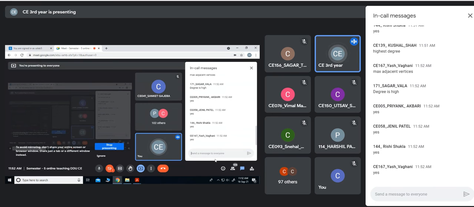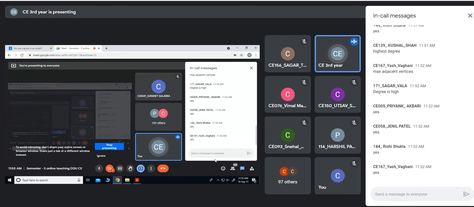Then what should we do, Sagar? Yes, that is correct. You selected one vertex with the highest degree, so I should not keep that vertex again coming. So I will change the graph.